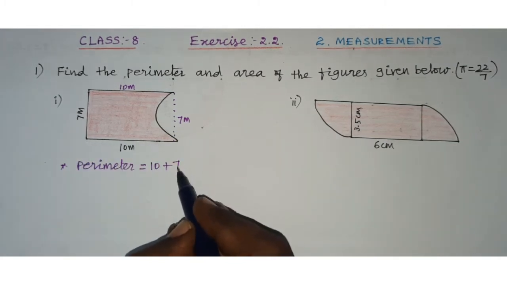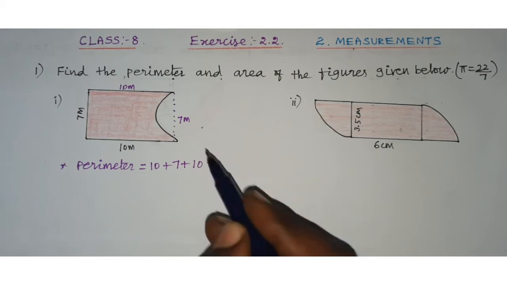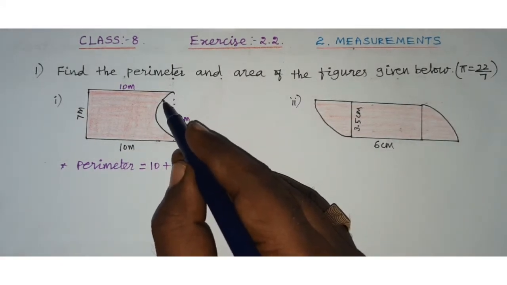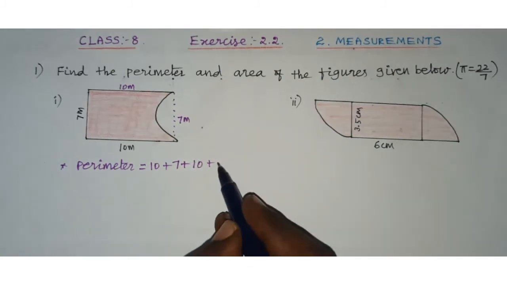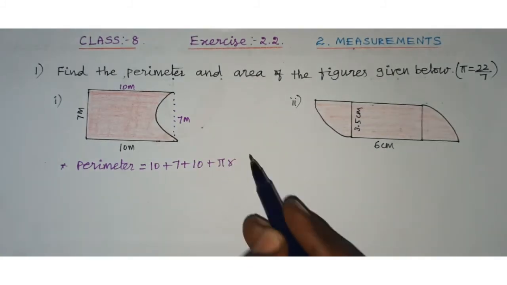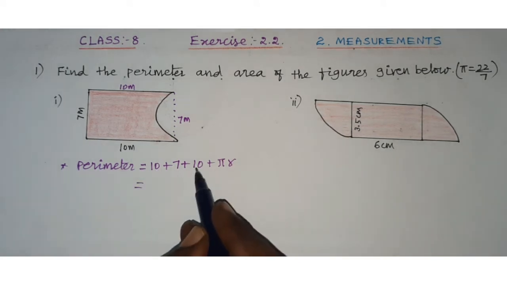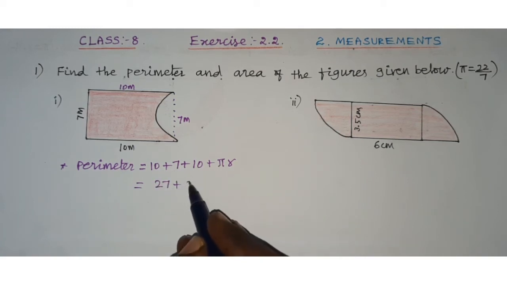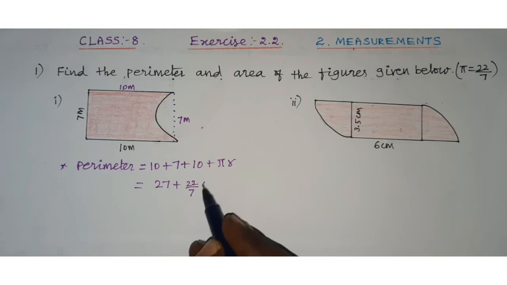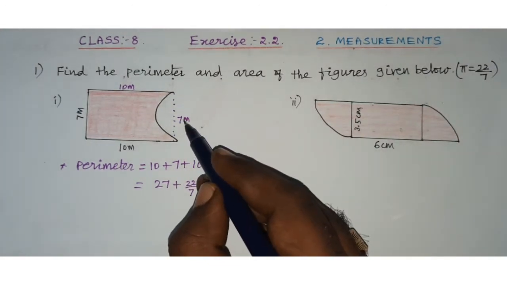this value 7 plus this one 10 plus, as I said in the formula introduction, semicircle arc length equals pi r. So now 10 plus 10 is 20, plus 7 is 27, plus pi value 22 by 7 into r, where r, the diameter, equals 7.